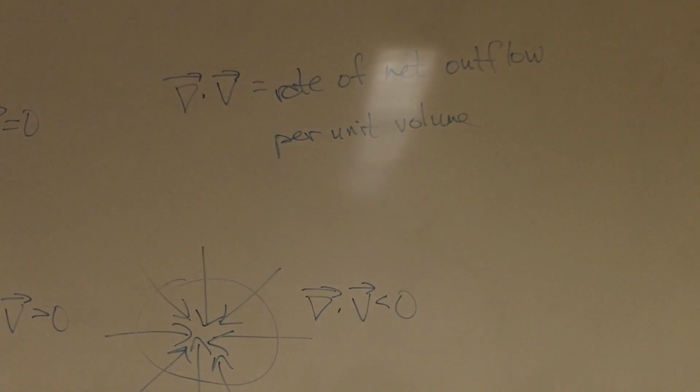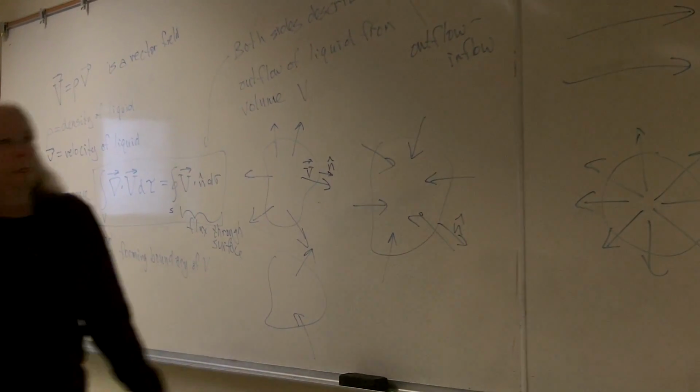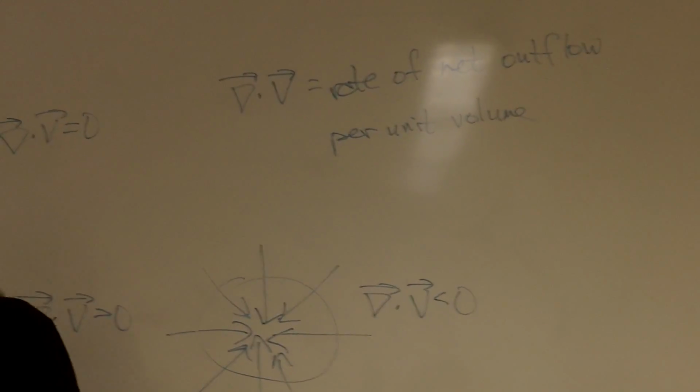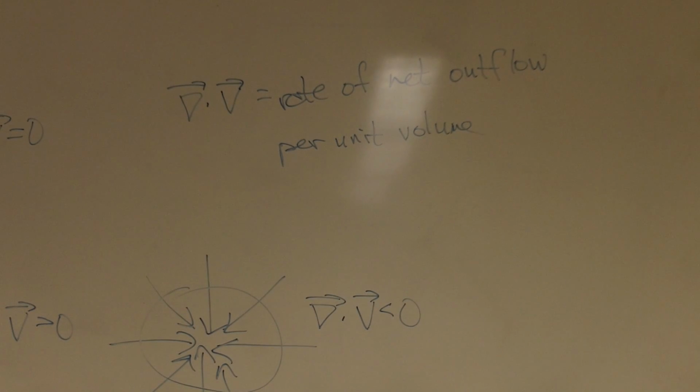So when we integrate it over volume, like we are on the left side of the divergence theorem, the per unit volume part goes away, and the result of that integral in the divergence theorem is just the rate of net outflow from the surface.